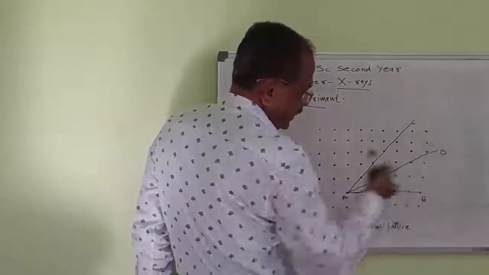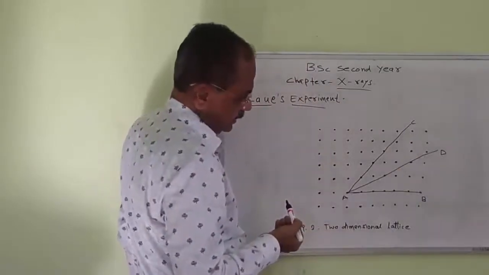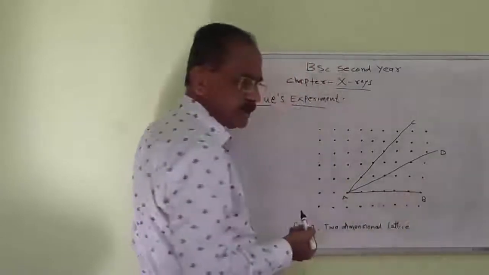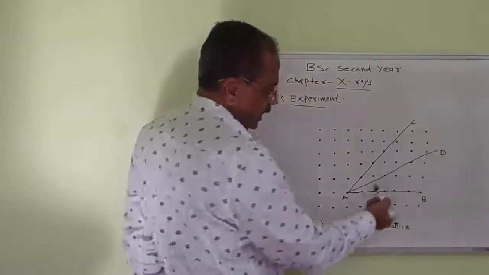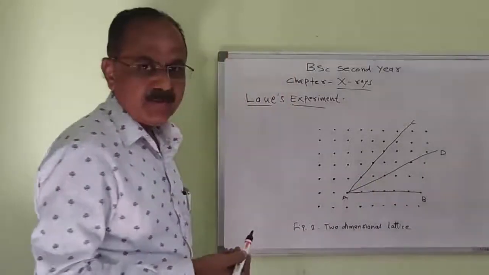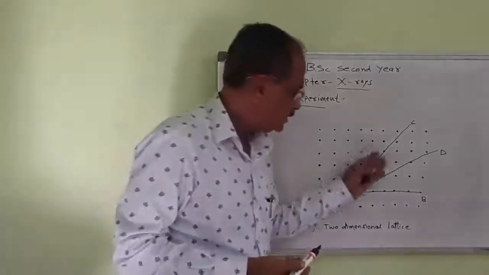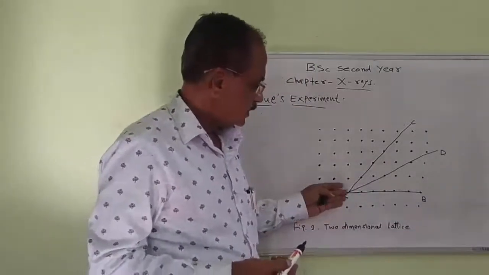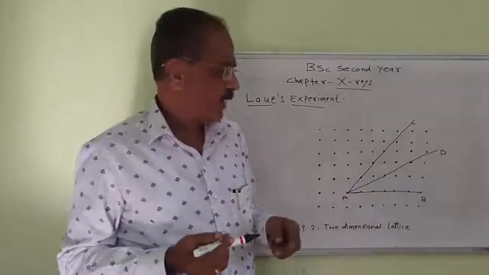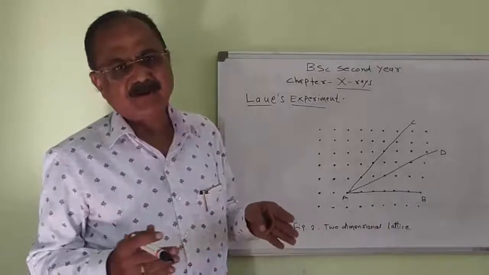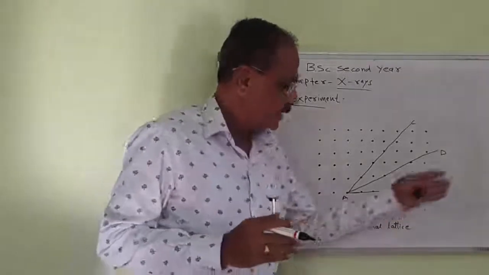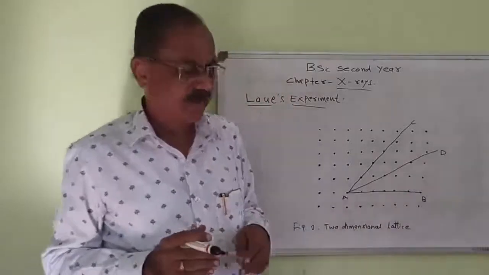And in the case of line AD, again few lattice points are obtained along the path of the ray, so its intensity is again more. Means from these three lines we can observe that as the concentration of lattice points along the path of the X-rays is more, the intensity of the X-ray goes on decreasing.